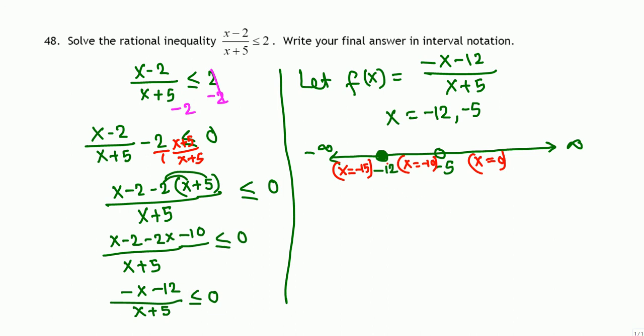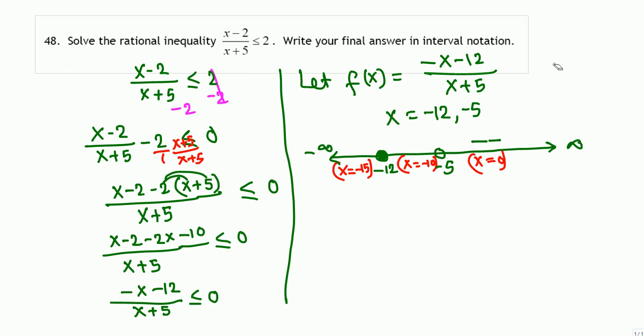Now test this function at these sample points. For x = 0, plug in 0 here: (0 − 12)/(0 + 5) is −12/5. This is a negative number, so we put negative.